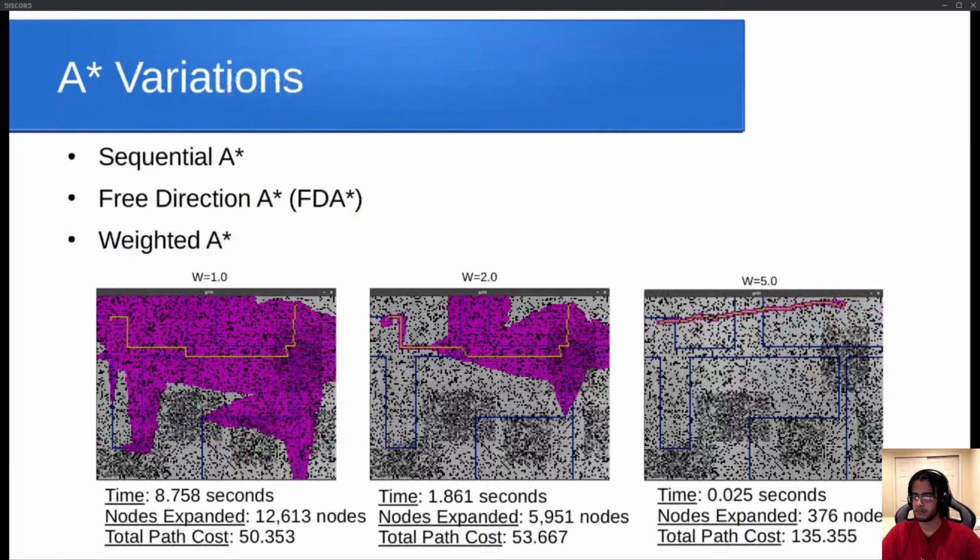And A-star being a variation on Dijkstra's, there are also variations upon A-star. One notable one that I came across at Rutgers was sequential A-star. Essentially you have multiple searches going on, each using a different heuristic. The neat thing is you have one main anchor search, which needs an admissible and consistent heuristic.